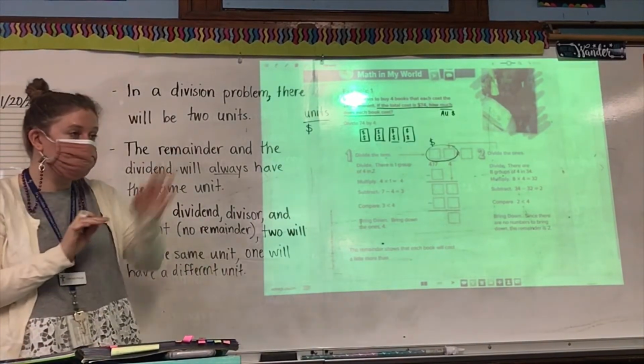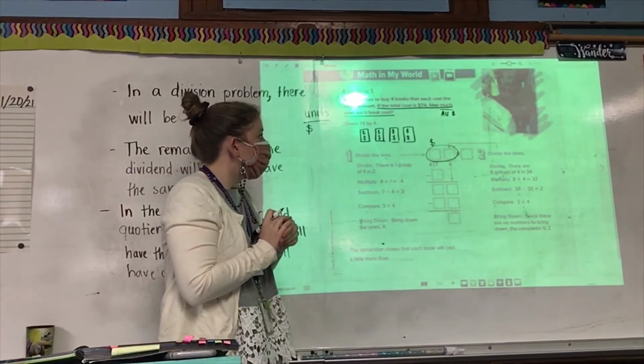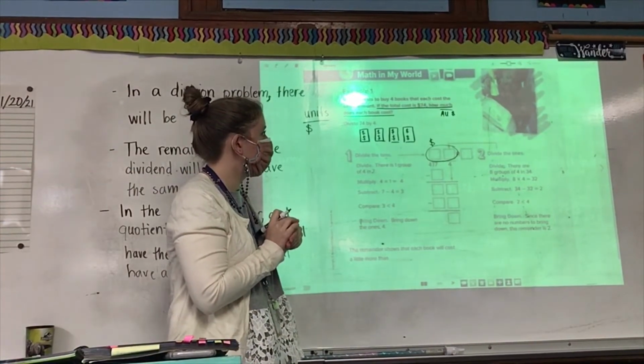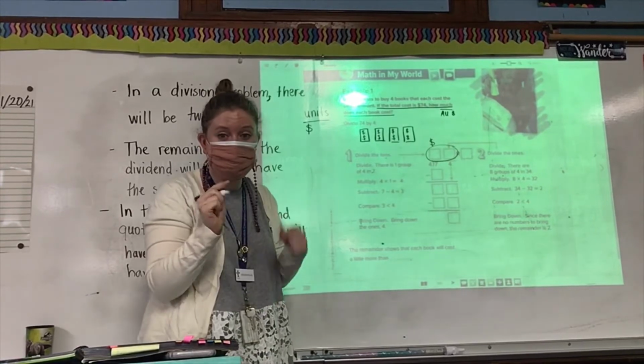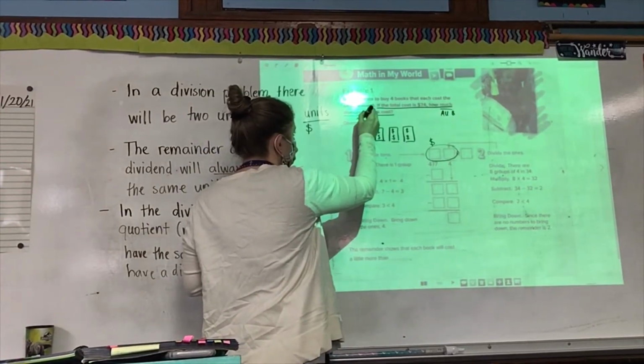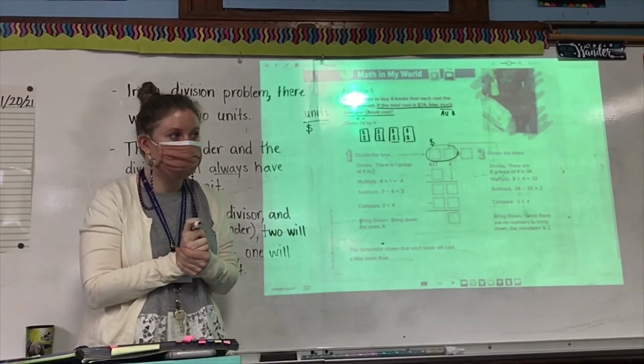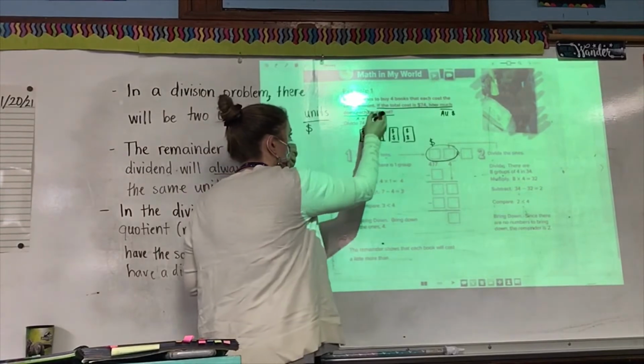So let's keep reading. Then I have the word each, which always tells me I'm multiplying or dividing. Then I have the noun book.